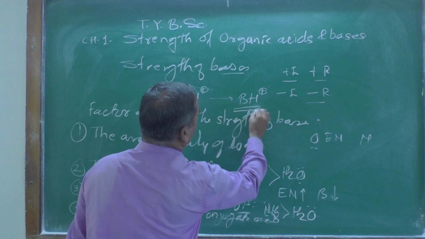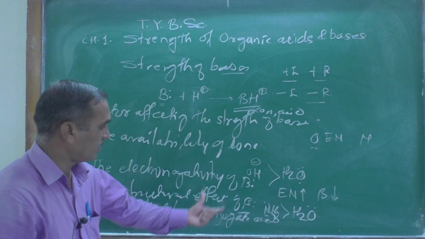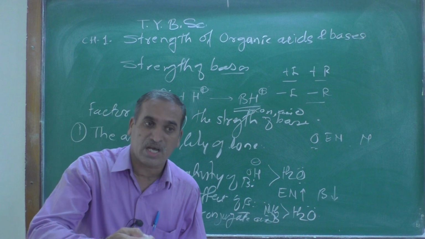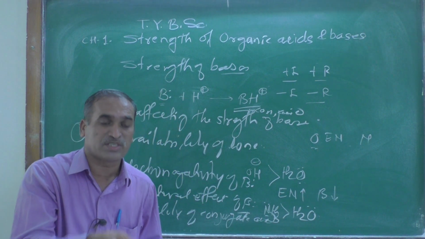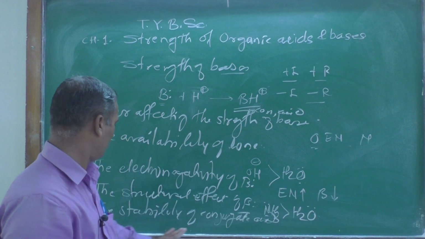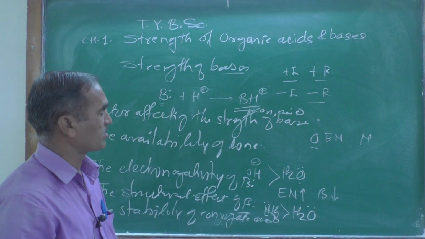Remember, this is the conjugate acid here, and if the stability of the conjugate acid goes on increasing, the basicity also goes on increasing. That is the thing you must remember as far as the stability of the conjugate acid is concerned.